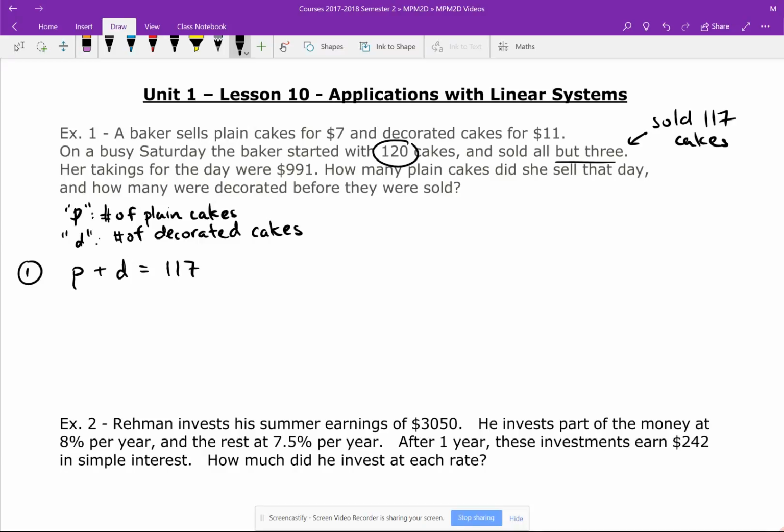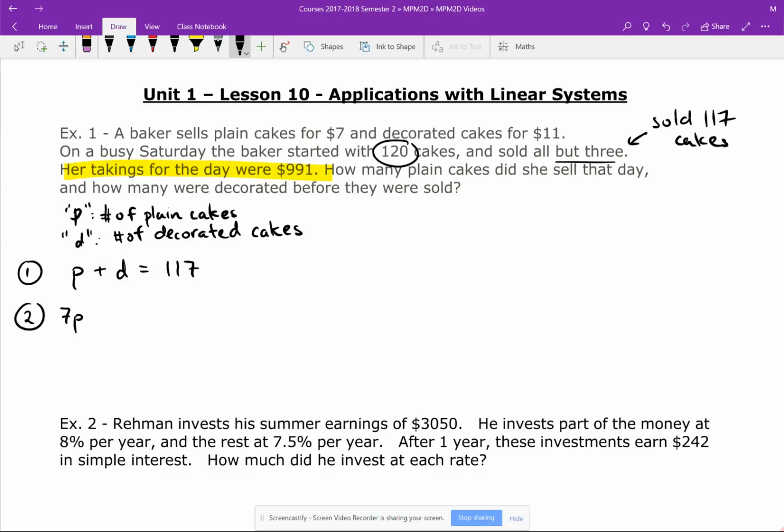Okay. The second equation is going to come from the fact that she earned $991 for that day. So the second equation has to be about the amounts earned, or money taken in. If she sells plain cakes for $7, I can express that by saying 7 times P. So $7 times the number of plain cakes she sold equals the money she made for selling plain cakes.